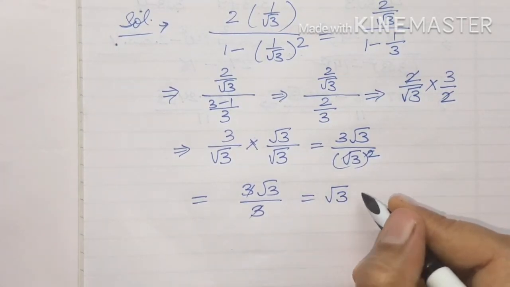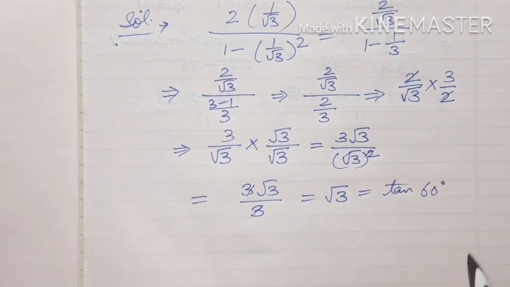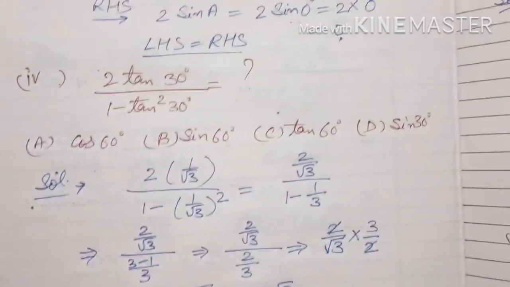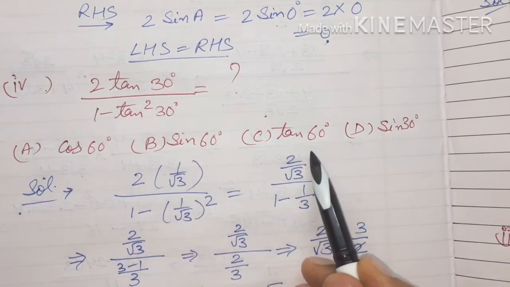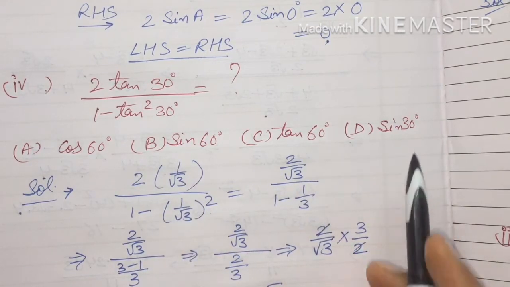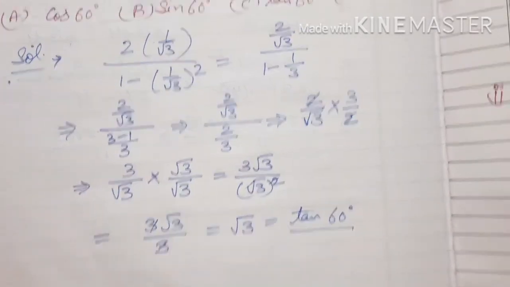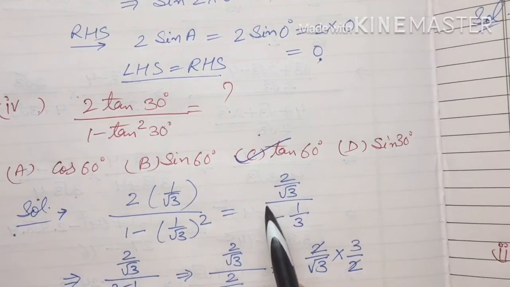So root 3 means tangent 60 degree. We will check the options: cos 60, sin 60, tan 60 and sin 30 degree. So our answer root 3 is tan 60 degree. So we will choose option C here.